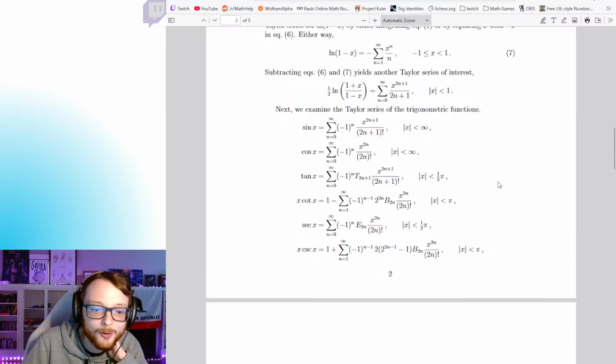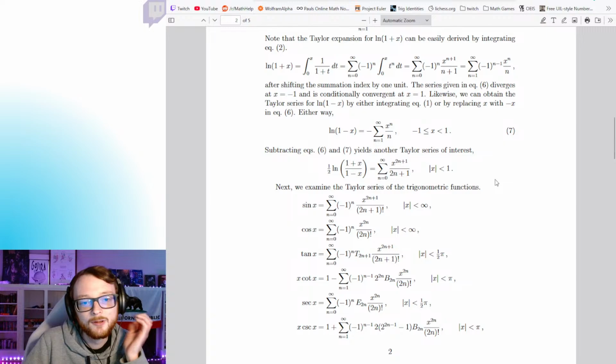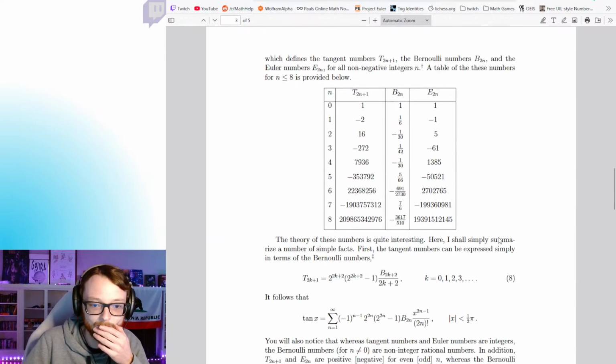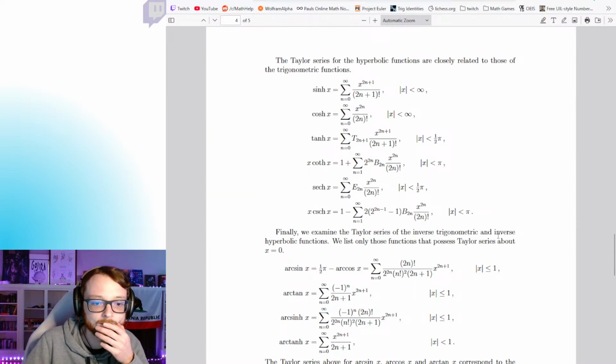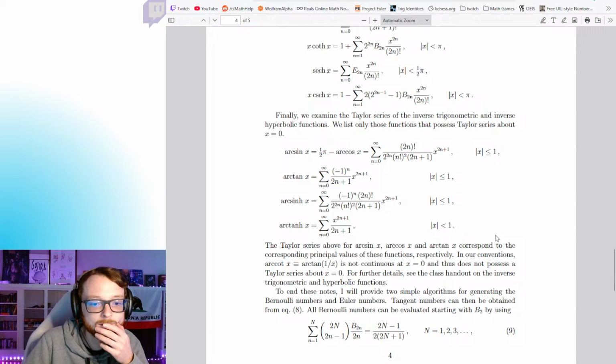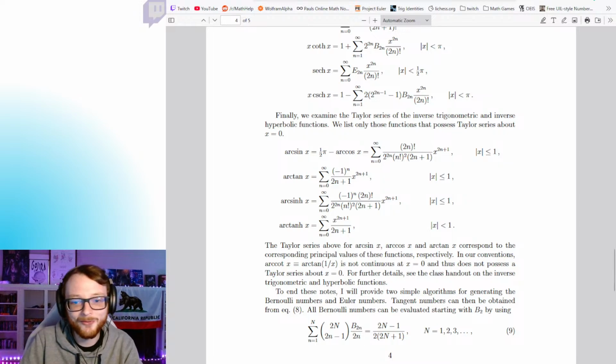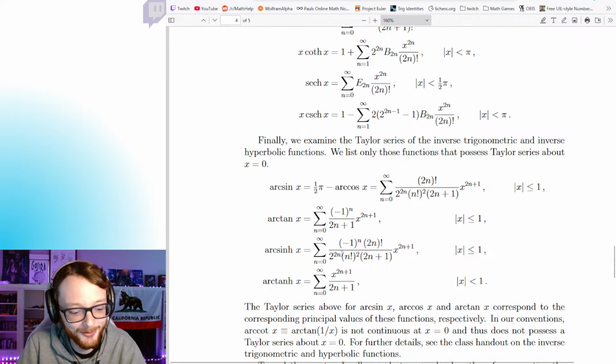I guess we do have to go over the coefficients a little bit. Oh, that's arcsin. Arcsin is up here. Oh my god. This is honestly still the best bet, I feel like, though.